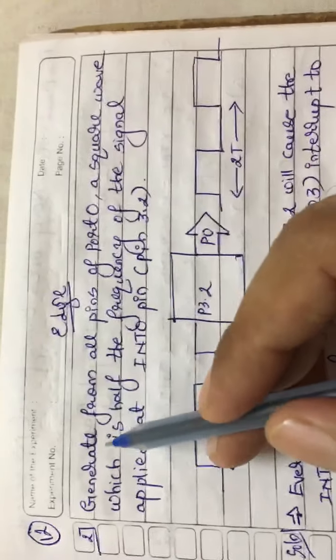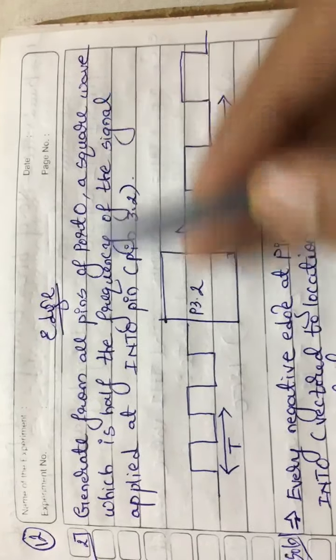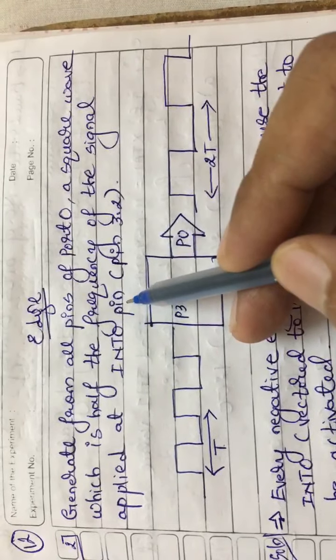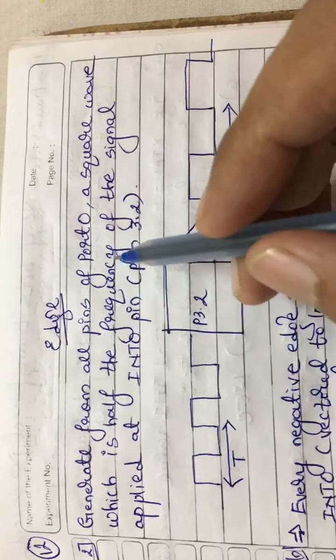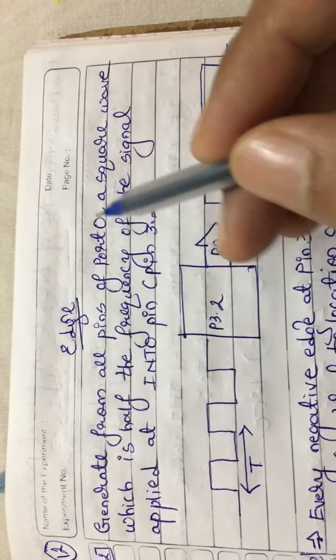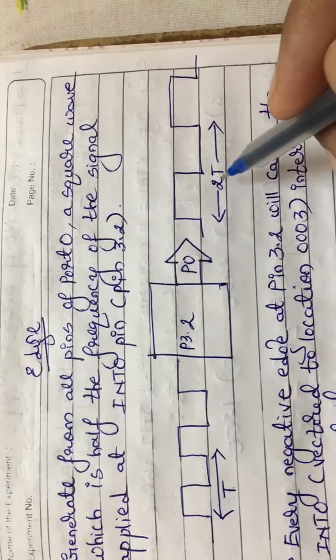Just I will read the question. Generate from all pins of port 0 a square wave which is half the frequency of the signal applied to the INT pin. We need to generate the square wave which is half the frequency, that is, if T is the input signal then the output will be equal to 2T.